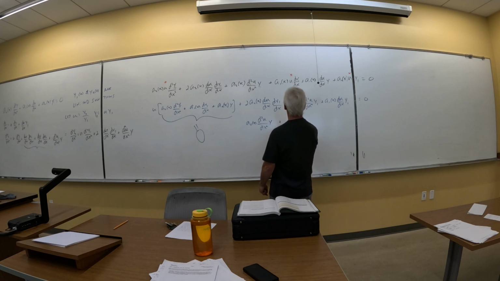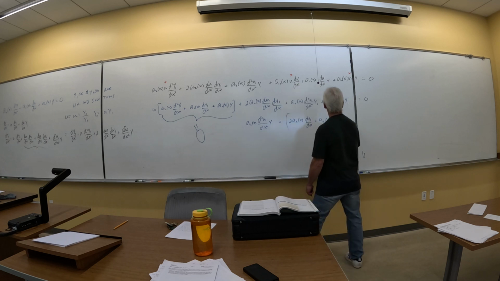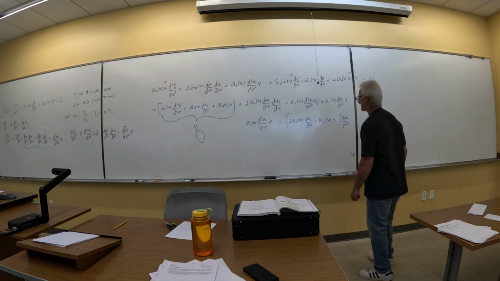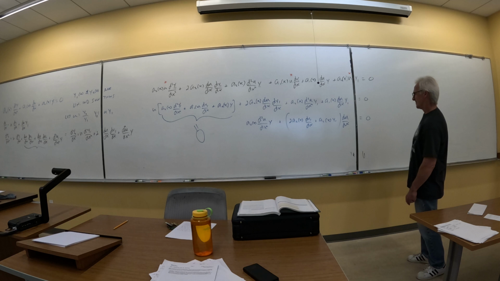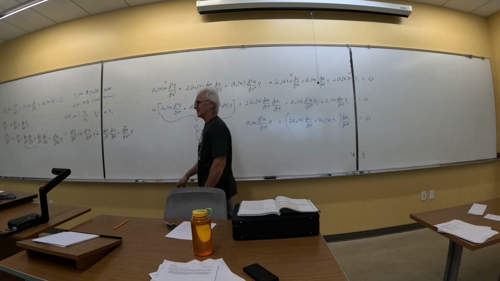I'm not sure I can. 2a2 of x dy1 dx plus a1 of x y1, all times du dx. I think that's about the only way I'm going to do that one. Okay, does that look right to you guys? Okay, I think we did that right.